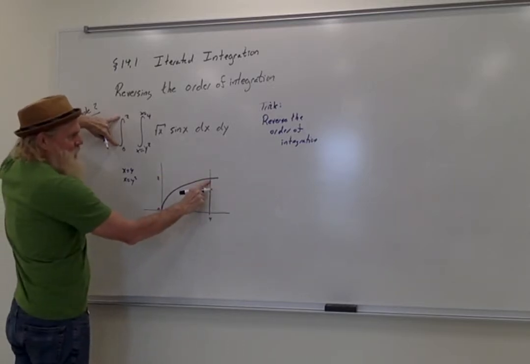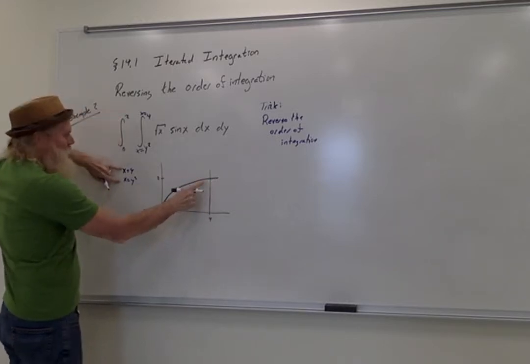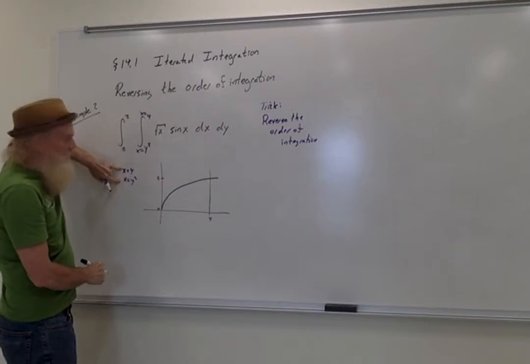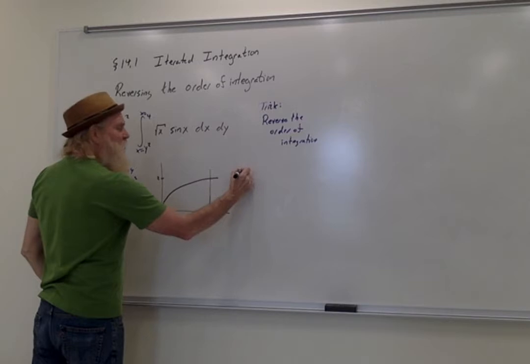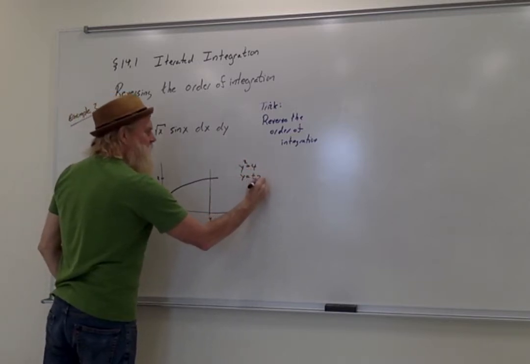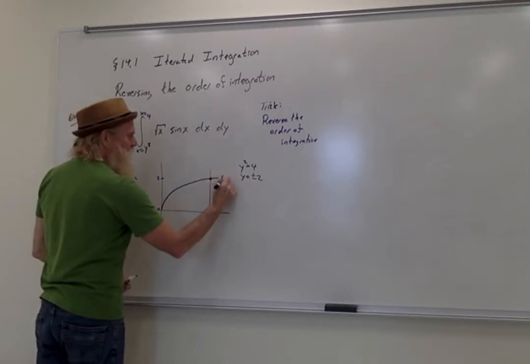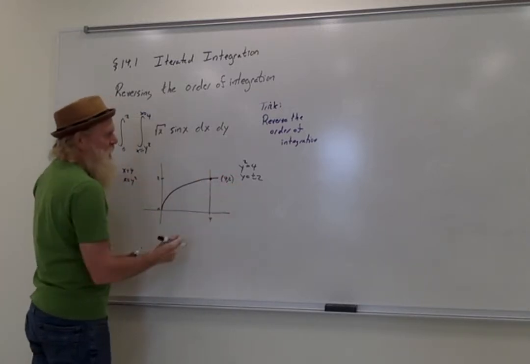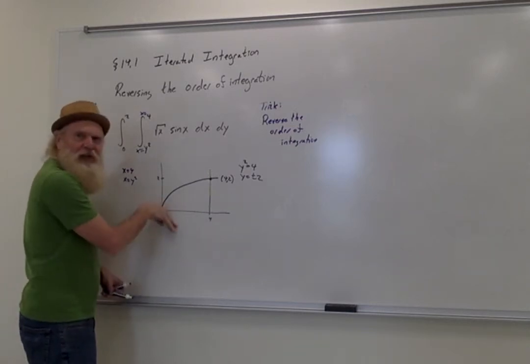Now, there's a strong suggestion that the y-coordinate of this point is 2, but let's check to make sure that's true by setting these two equations equal to each other. If I set x equals 4 equal to x equals y squared, I get y squared equals 4, so y is plus or minus 2. So that's correct. This point up here, 4, 2, is one place the parabola and line cross. The other place is down here in the fourth quadrant.